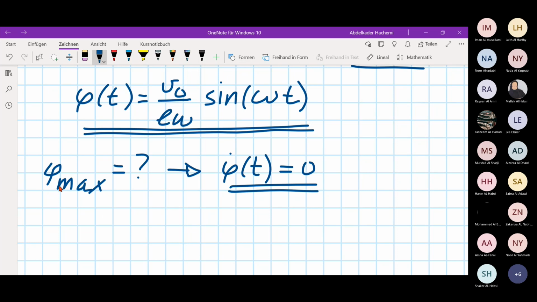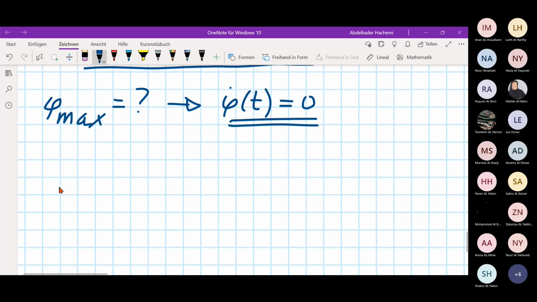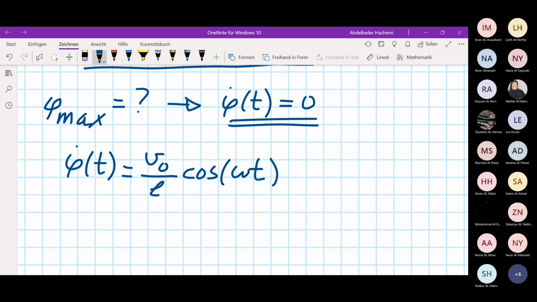Then if we replace in the expression, phi dot t is V0 divided by L cosine omega t, which should be equal to 0.